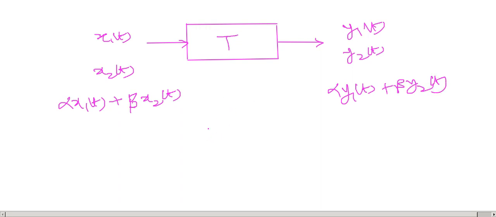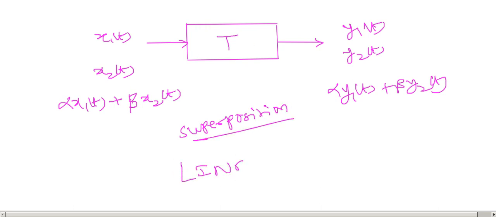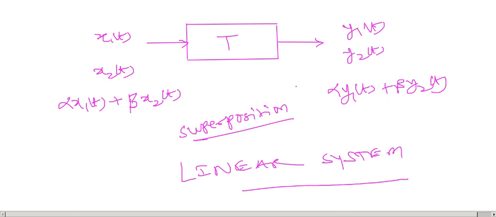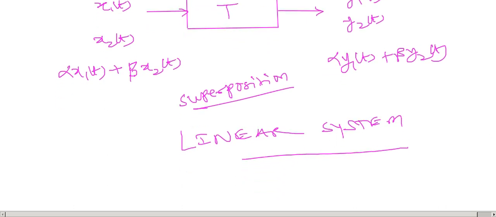Then the system satisfies the principle of superposition, and thus this is a linear system. And if this property is not satisfied, then the system will be a non-linear system.